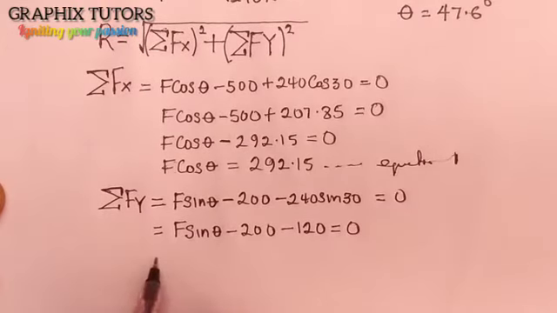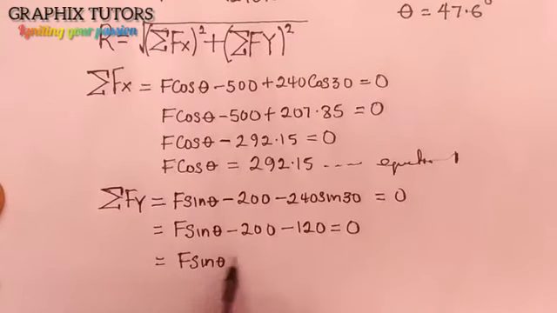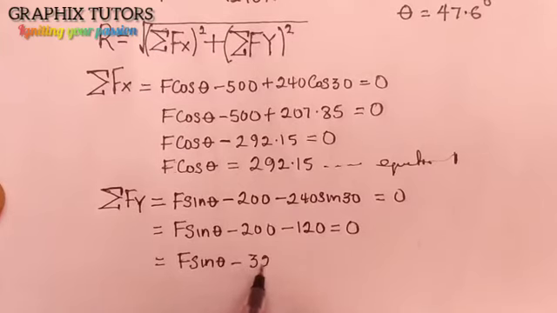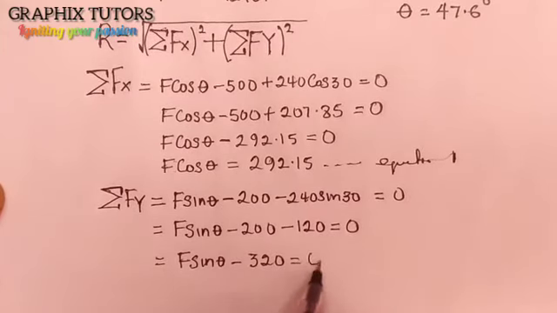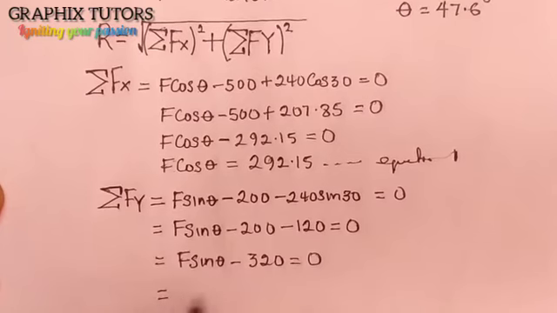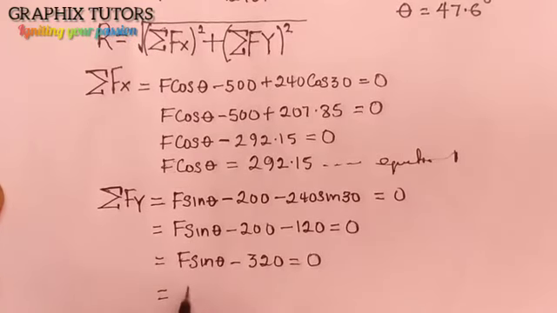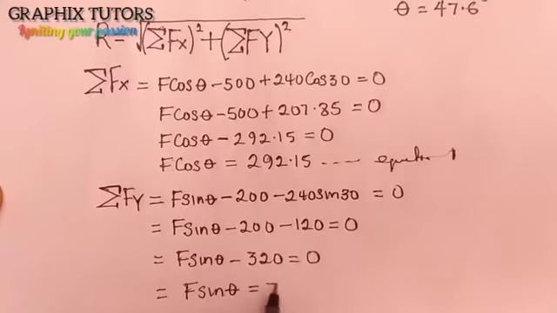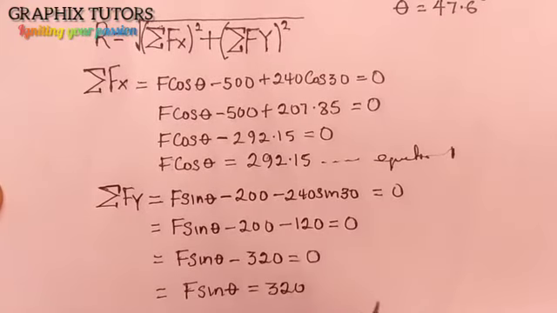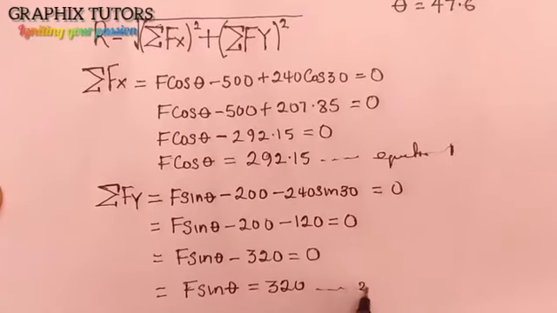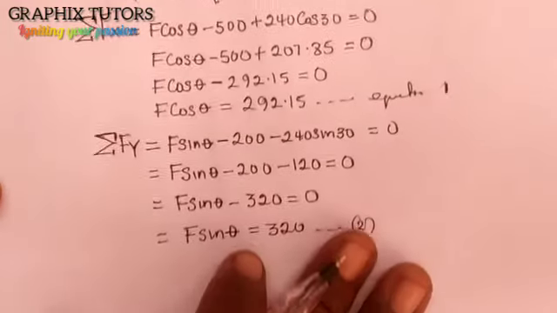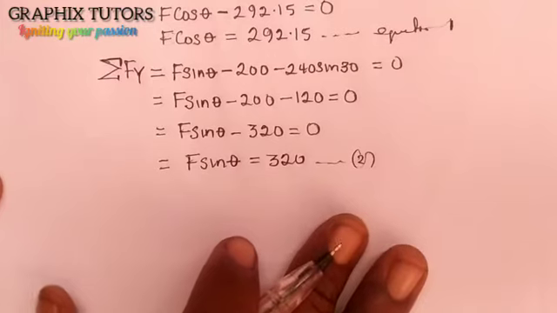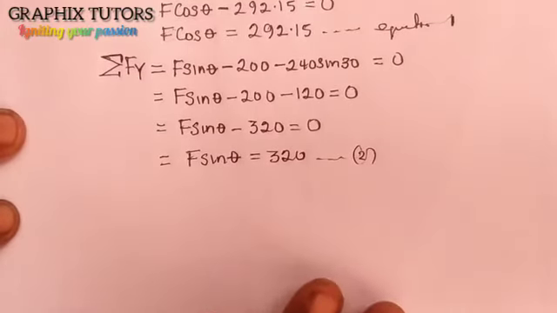So this gives f sine theta minus 320 equals 0, and f sine theta will be equal to 320. I will term this Equation 2.